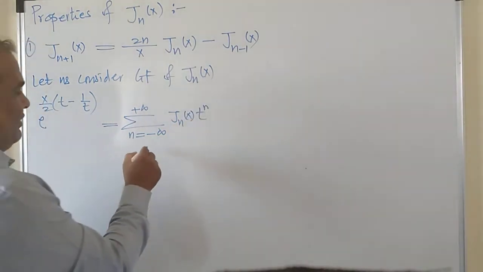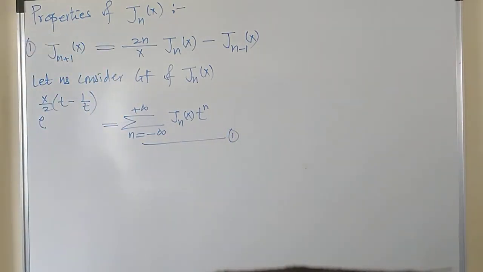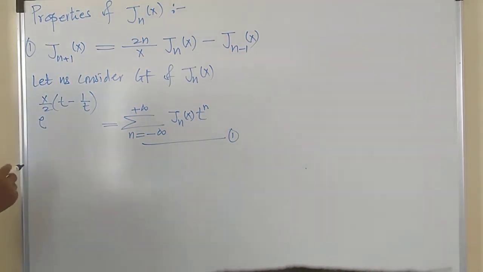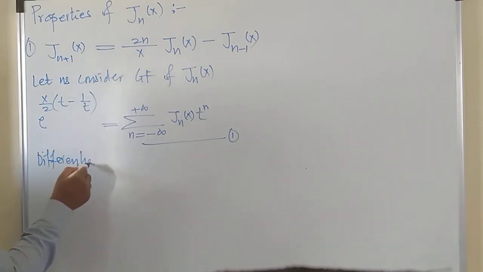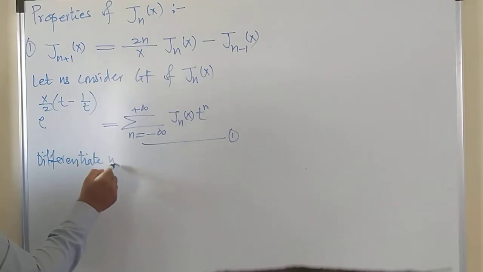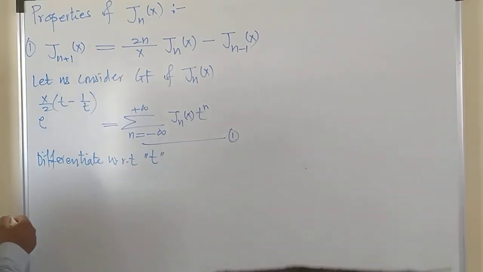So let us say this is our equation number 1, right? Now differentiate this equation with respect to t. And if you differentiate with respect to t, what will we get?